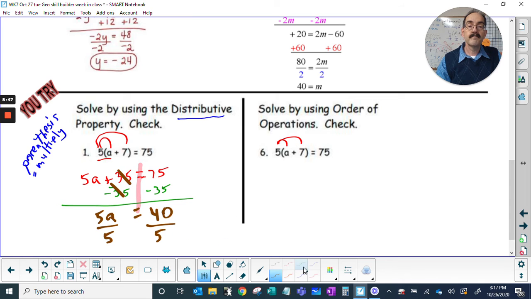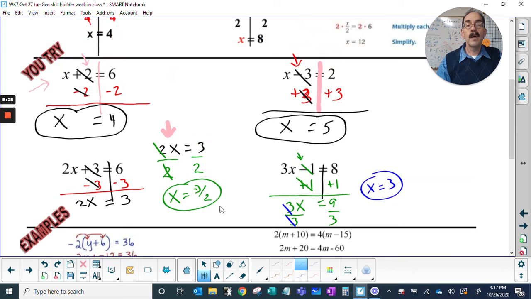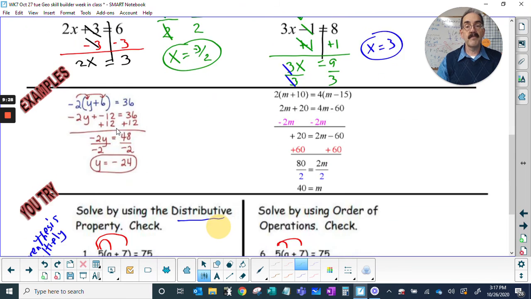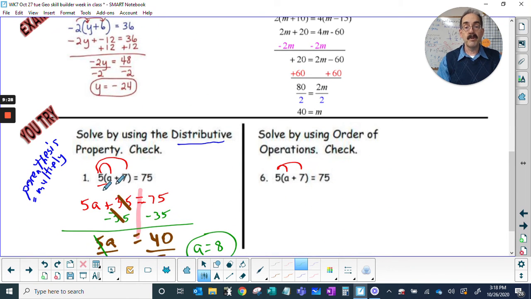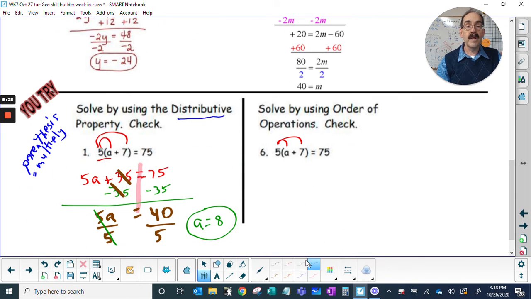Now there's a lot going on here. We're all at different skill levels. So goal number 1: remember balancing the equation. New learning for some of you today is this idea of the distributive property. We want to get rid of the parenthesis. How do we get rid of a parenthesis?